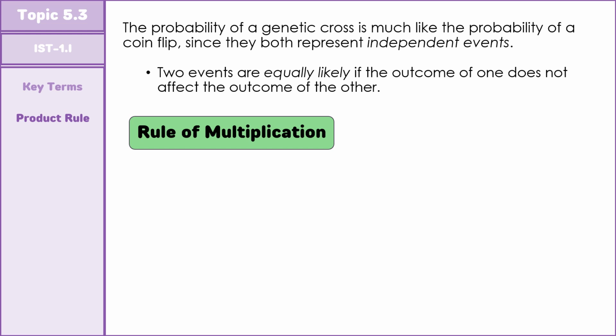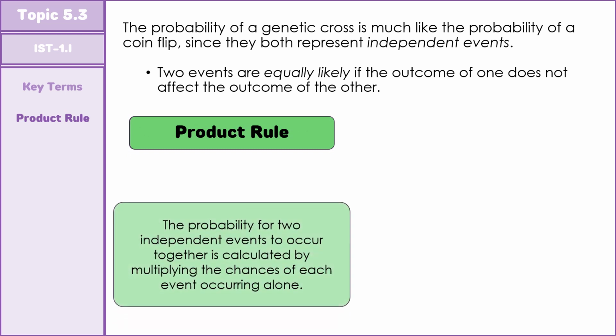So we get 2 rules that we can associate with this. One of these being the rule of multiplication, which we can also term the product rule. And this states that the probability of 2 independent events occurring together, so we've got both events occurring at the same time or in sequence, is going to be calculated by multiplying each of the chances of the events occurring alone together.